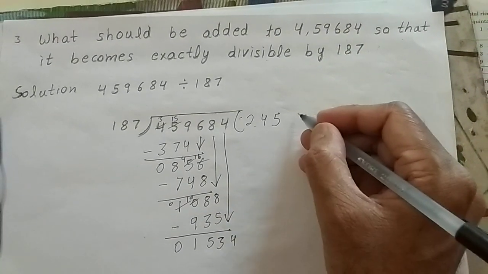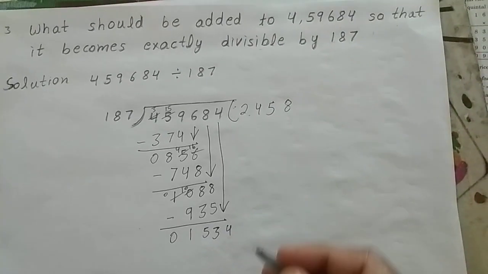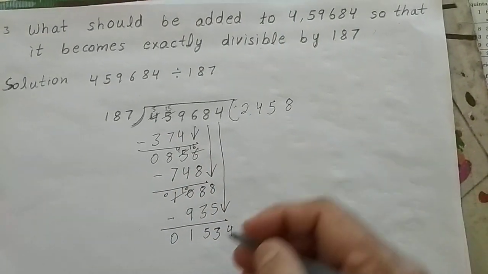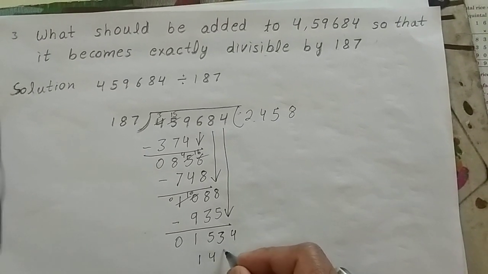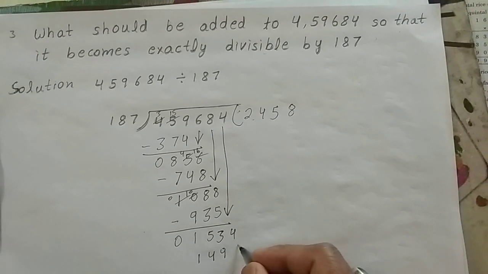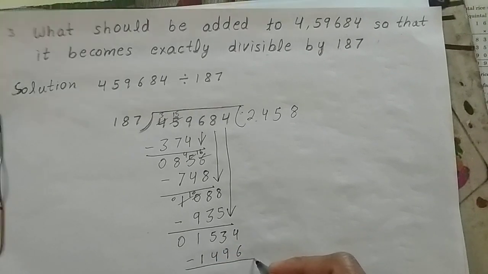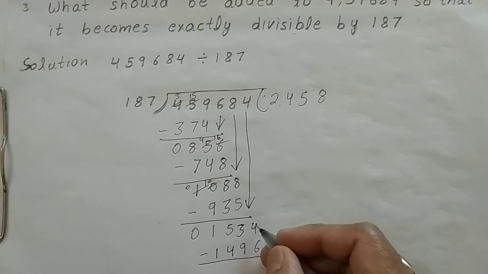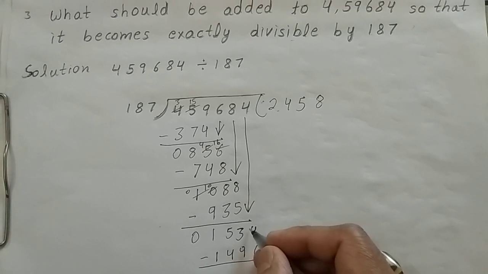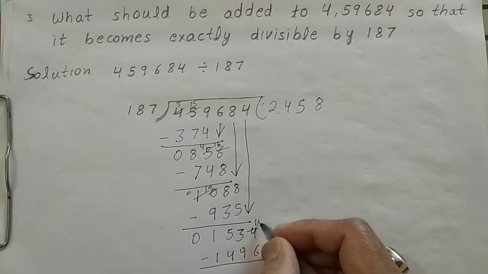Now multiply by 8. 187 multiply by 8. What do we get? 1496. Subtract. This 4 is less than 6. So student, what do we do? We borrow from 3. So it will become 14.